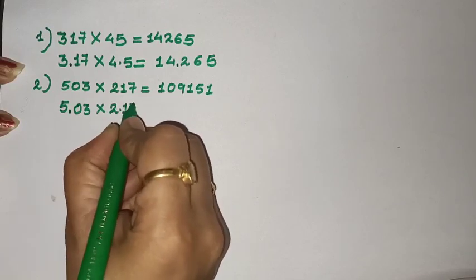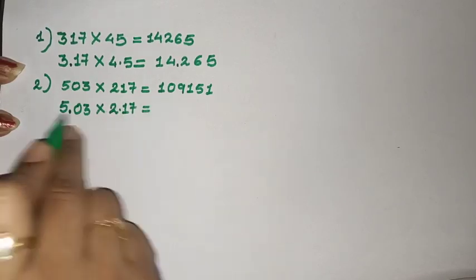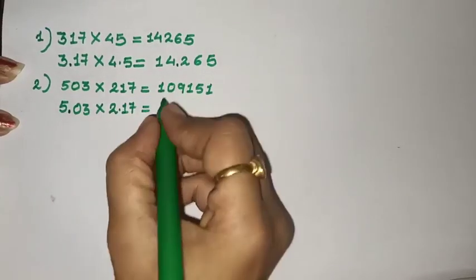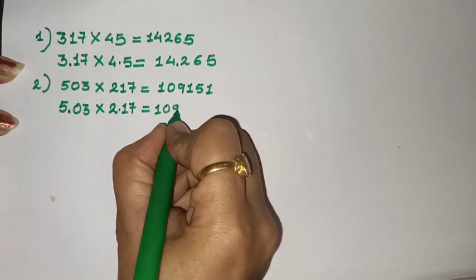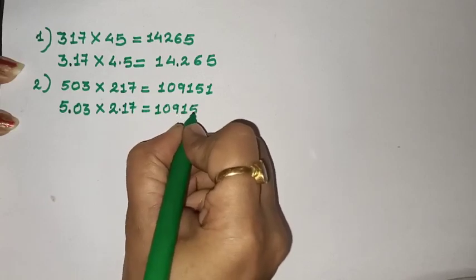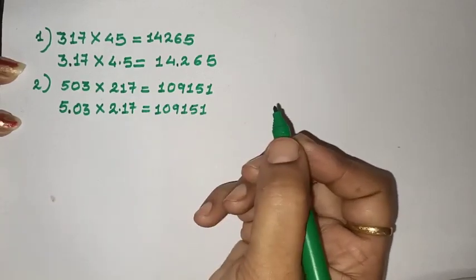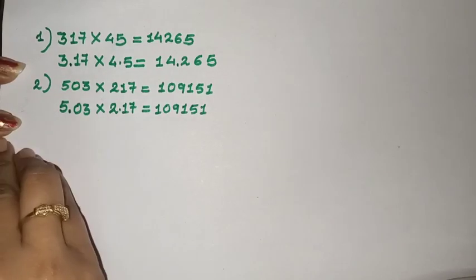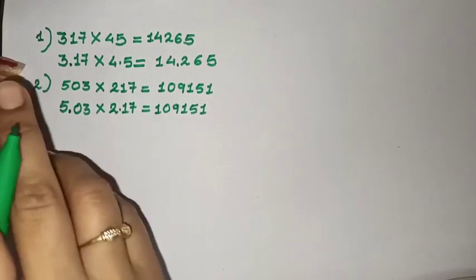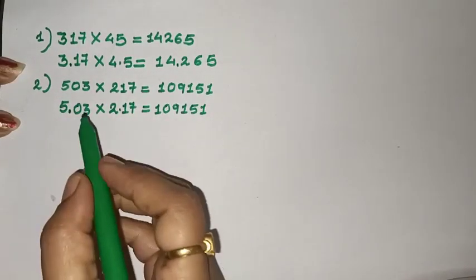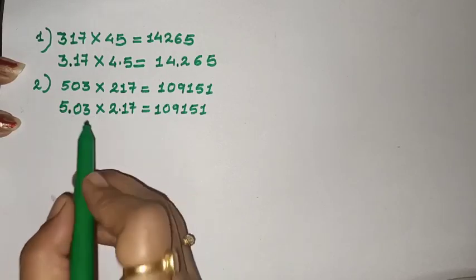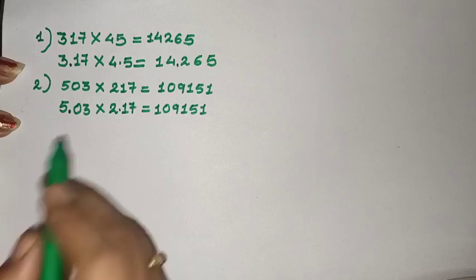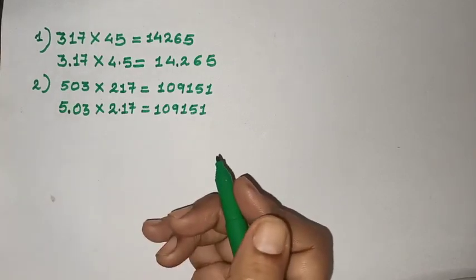So what we are doing, the first step, we are multiplying ignoring the decimals. We are multiplying the numbers, means the digits will be as they are. I have written the digits as they are. Then in the multiplicand and multiplier, starting from the units place, we'll see how many digits after which we have to put the decimal.